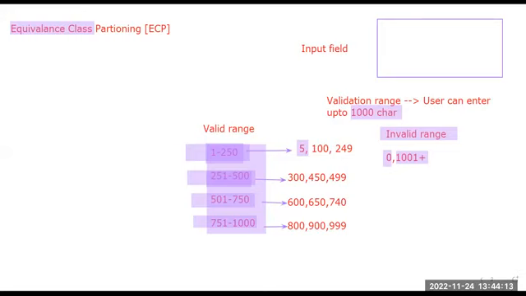I'm not clear about the difference between ECP and BVA. Can we use BVA instead of ECP here? Assume you apply boundary value analysis with fixed ranges, and you feel the input field is not accepting values between 250 to 500 characters, there will be a possibility of that.